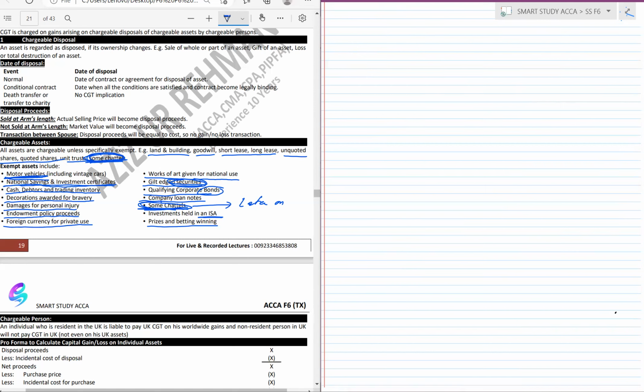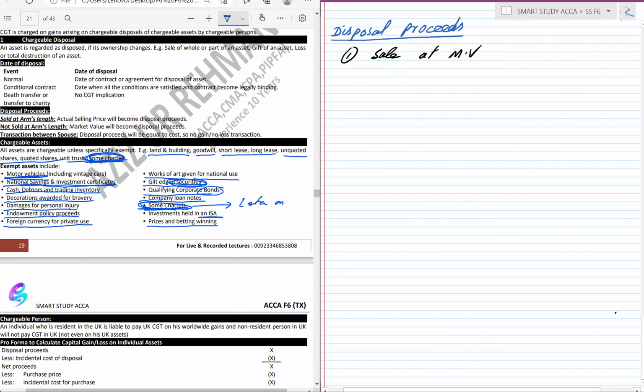Then the next point is disposal proceeds. Disposal proceeds means selling price. Students, in case of normal sales transactions, means sale at market value.